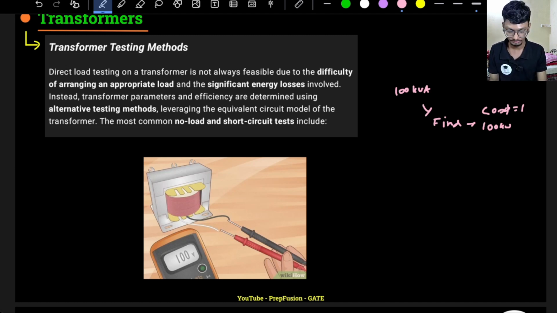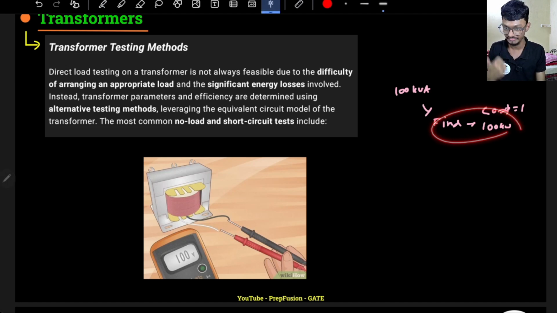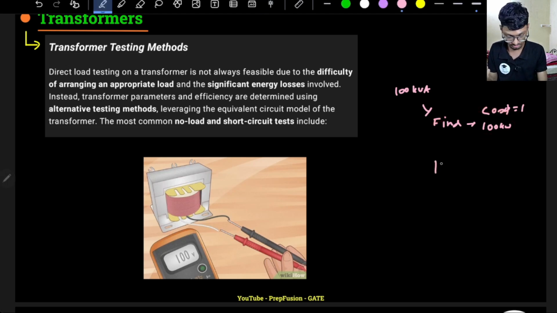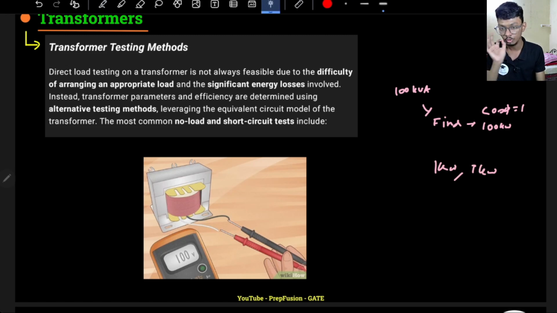That is very costly. Then again, loading it will be very costly because there will be huge losses, like 1 kilowatt of copper losses, 1 kilowatt of core losses. So measuring those also will be very difficult. So we never actually load the transformer and then test the efficiency. That is not a very good method of testing.